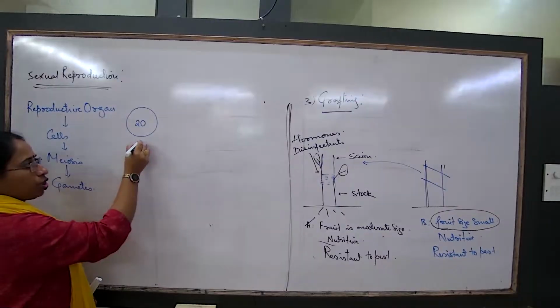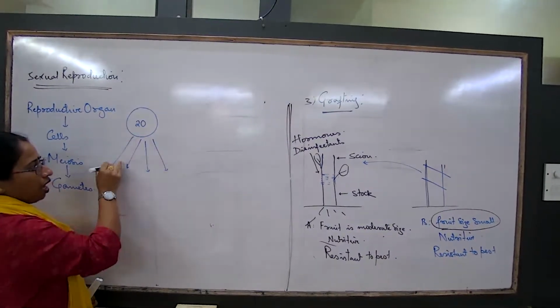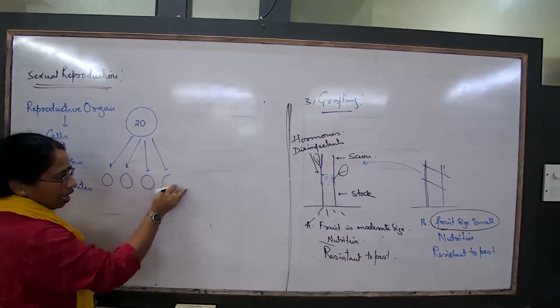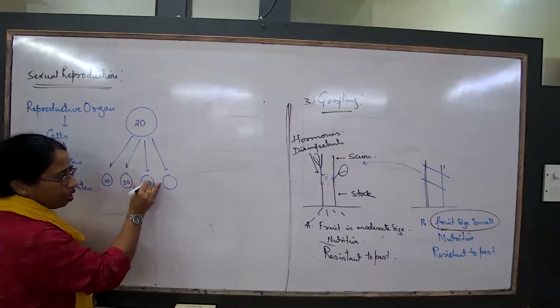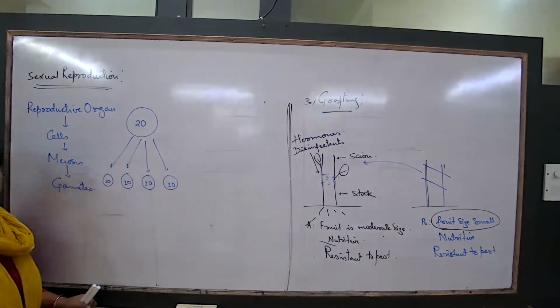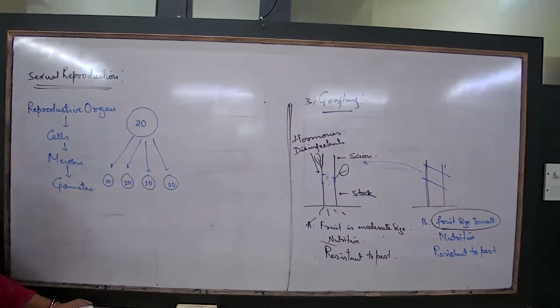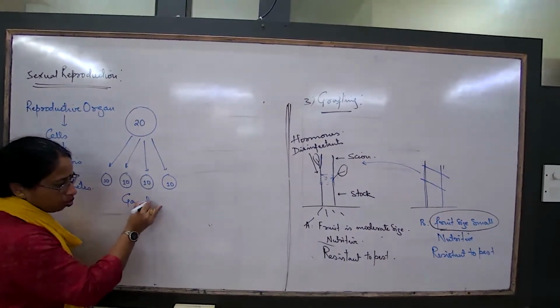This cell which has 20 chromosomes will undergo the process of meiosis and result in the formation of 4 cells. By the rule of meiosis, each of these 4 cells is supposed to have only half the chromosome number, that is 10. What are these cells known as? These are known as gametes.